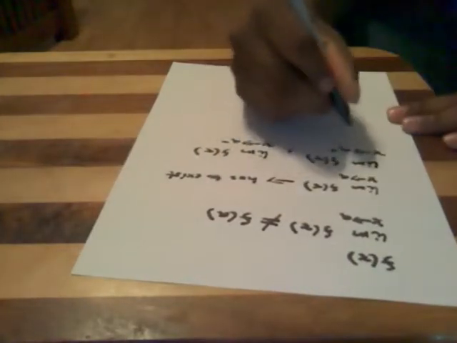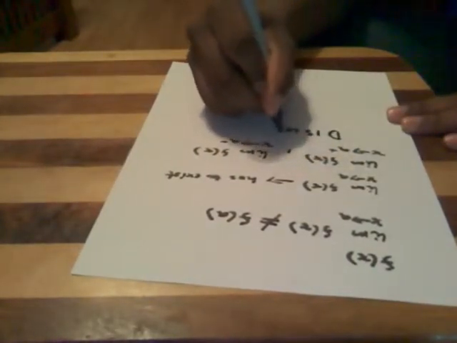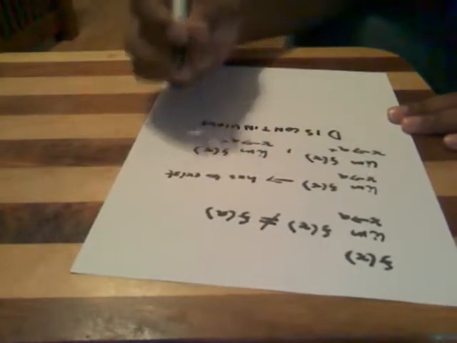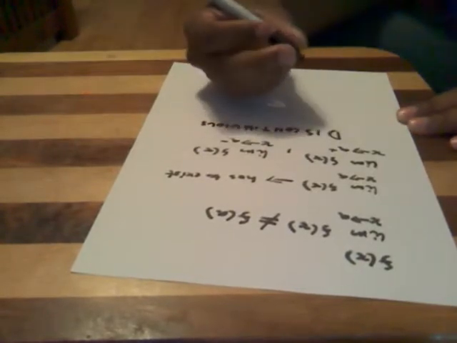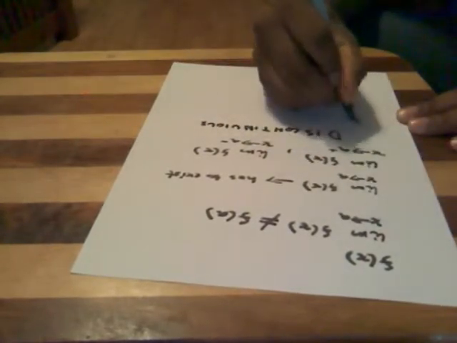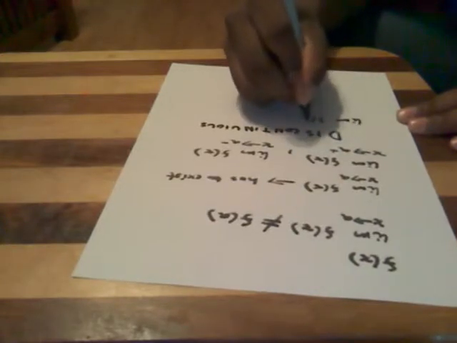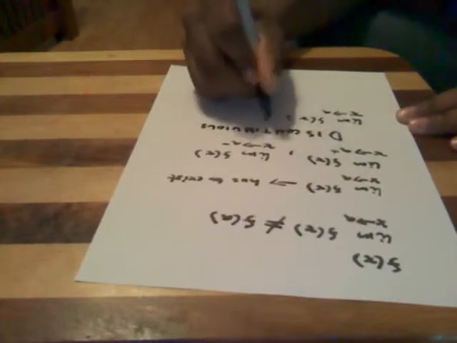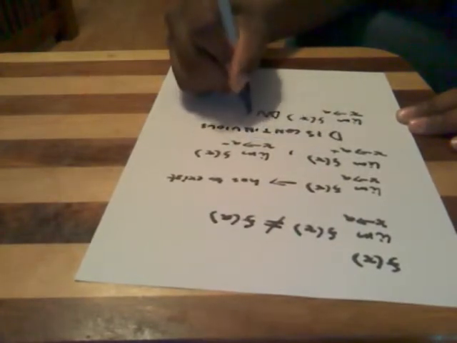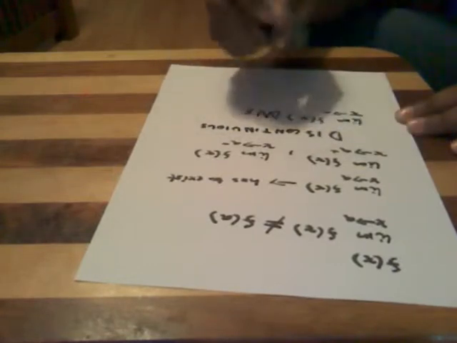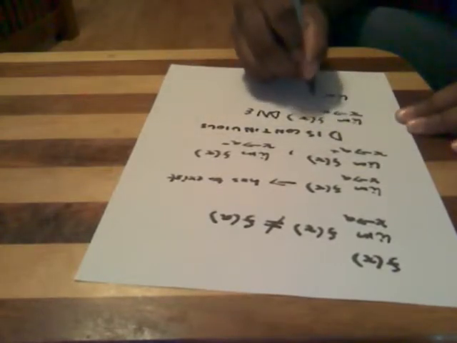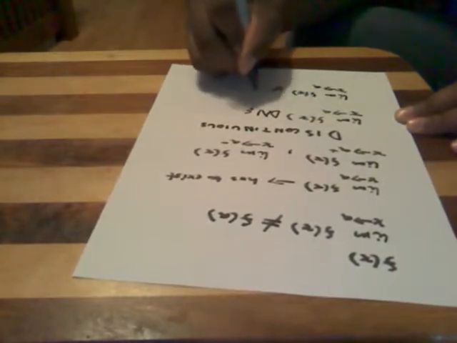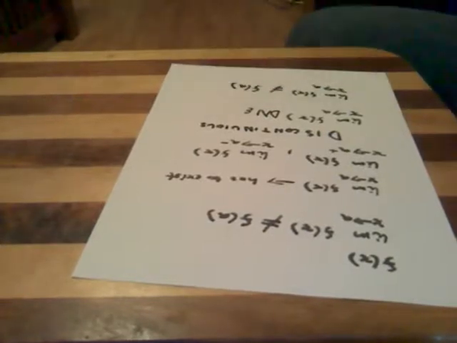Now, in order for the function to be discontinuous, the limit of the function f of x as x approaches a does not exist, or if the limit of f of x as x approaches a exists, it does not equal the function f of a, as stated earlier as well.